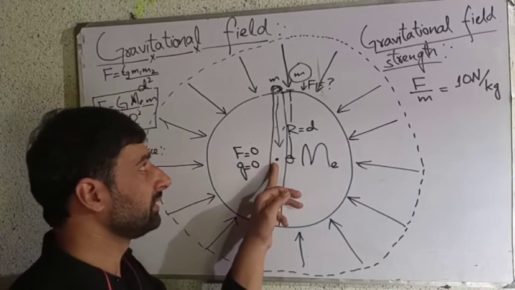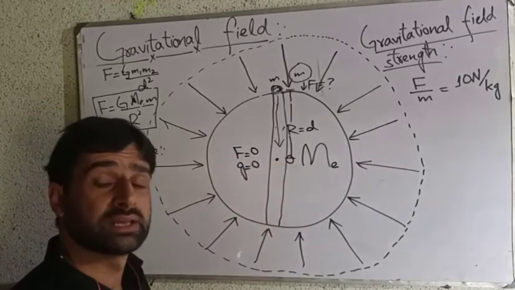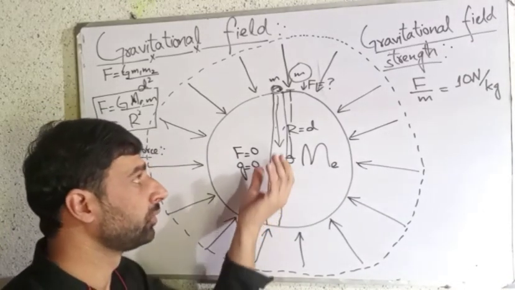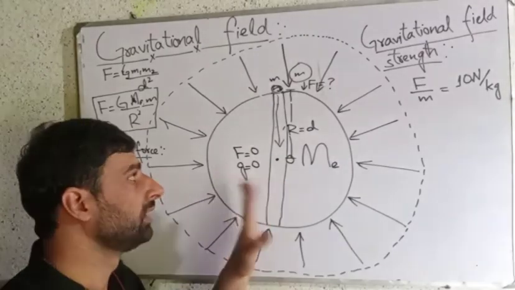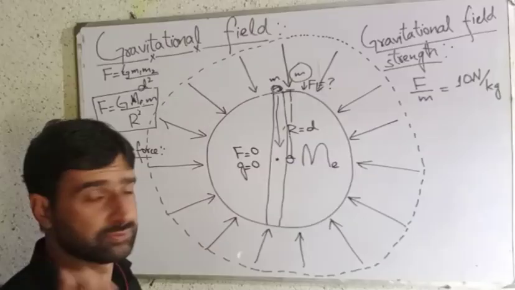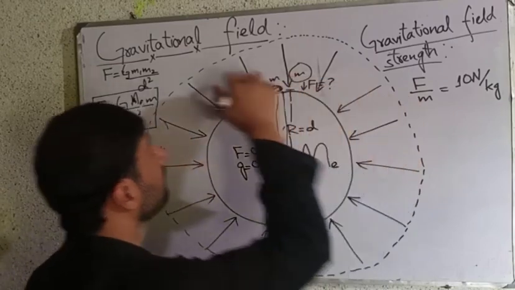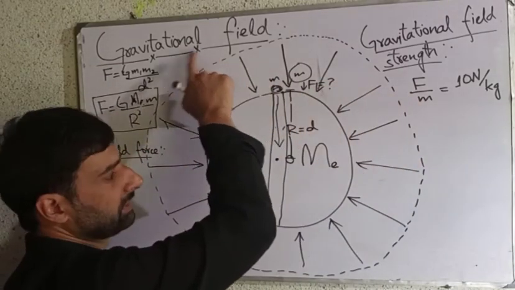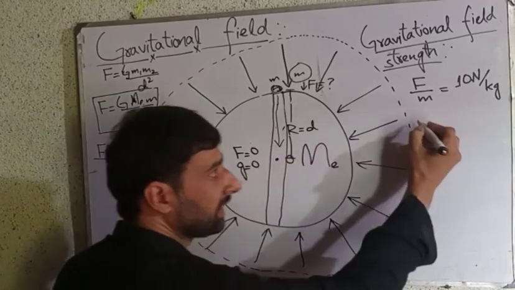What is the origin of this force? It is zero at the center. Remember that the origin of this force of Earth, that is gravitational force, is unknown. That is why it is a basic force. So remember that there are four basic forces, out of which one is gravitational force. Gravitational force is a basic force because its origin is unknown.